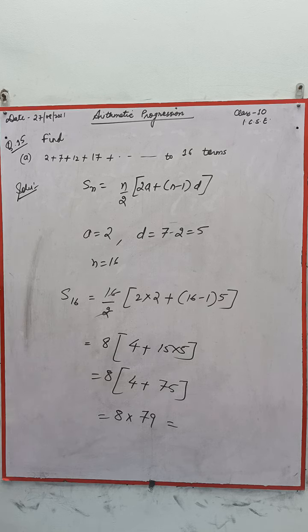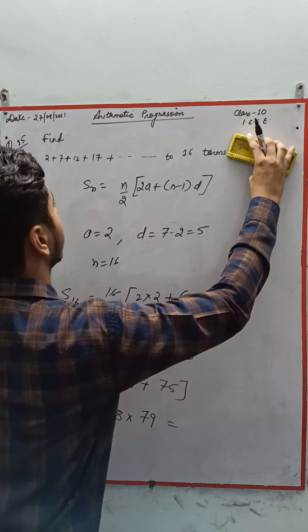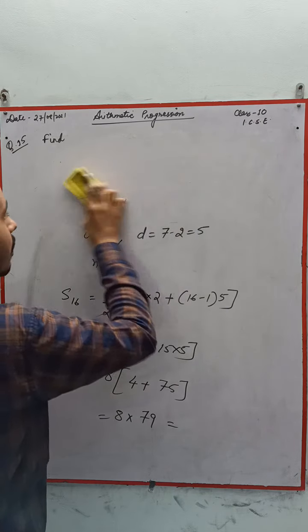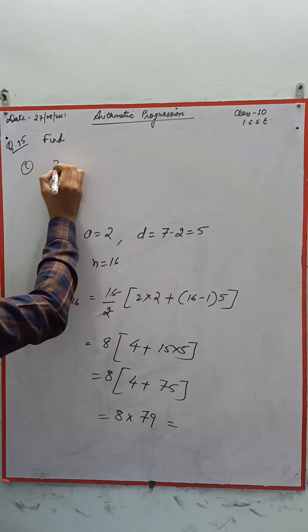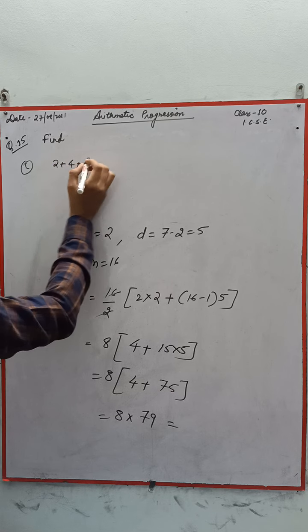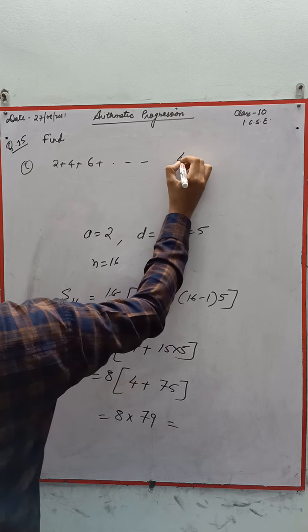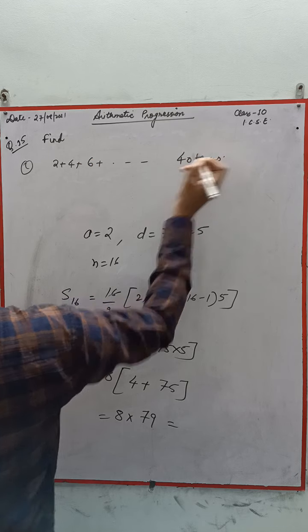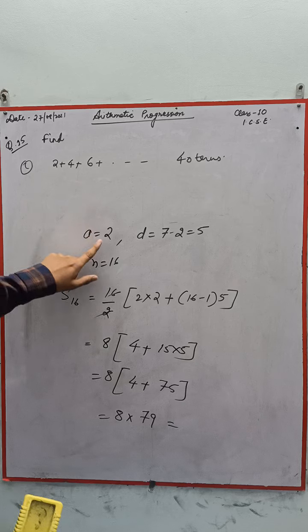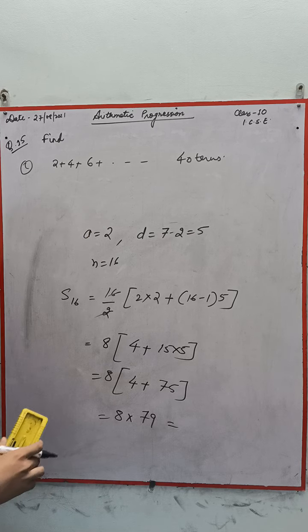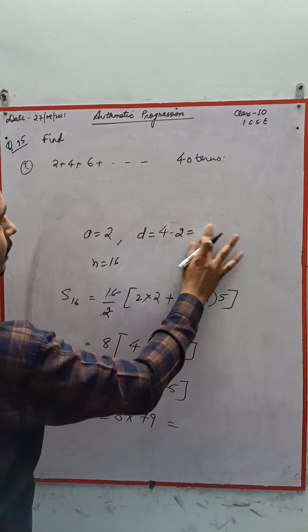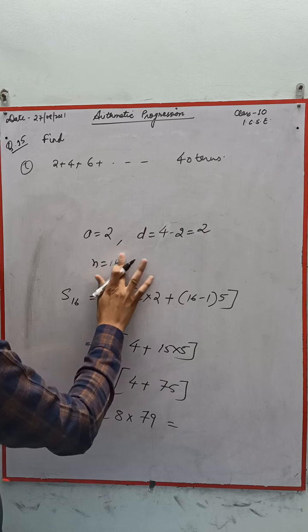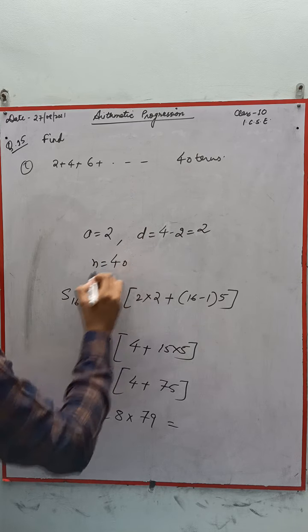Now if you come to question number C, the question is 2 plus 4 plus 6 and so on up to 40 terms. This is also very easy. a is 2. What will be d? d will be 2. Then n is given, that is 40.